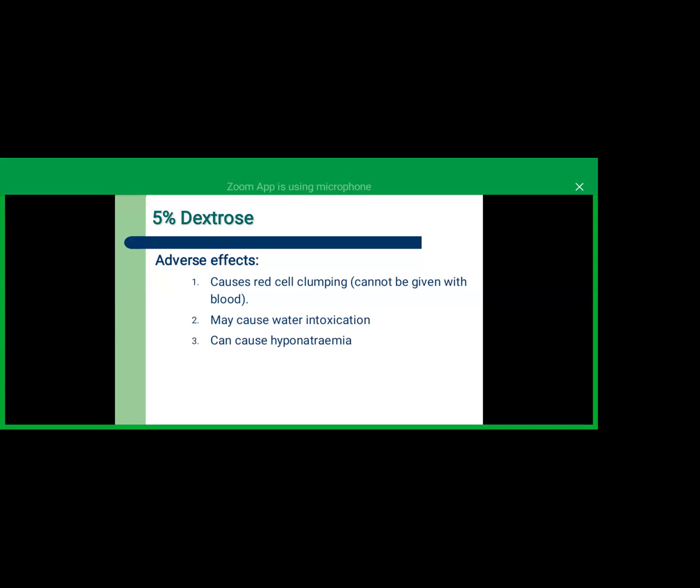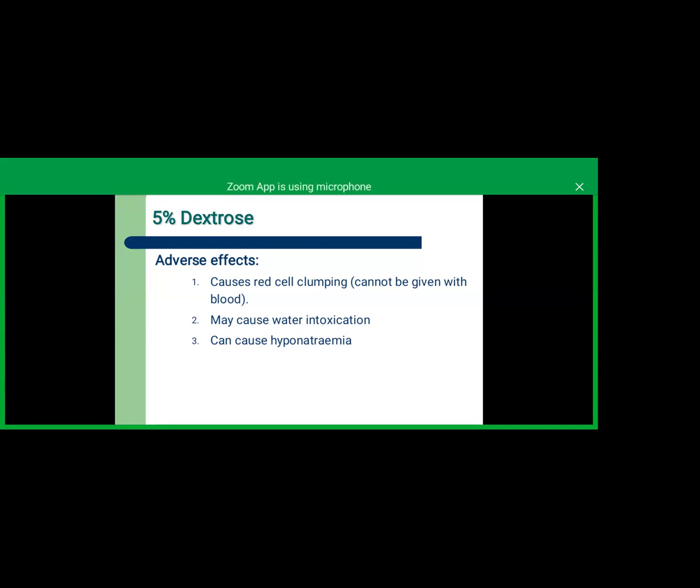So it means in 24 hours, the patient is going to get 3 liters of the IV fluid. That's what we do for adults to maintain the daily fluid requirement for the patient.